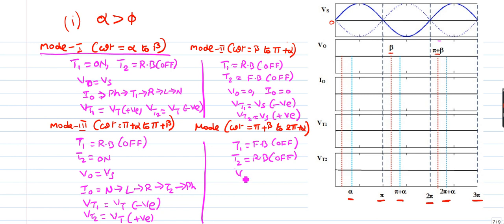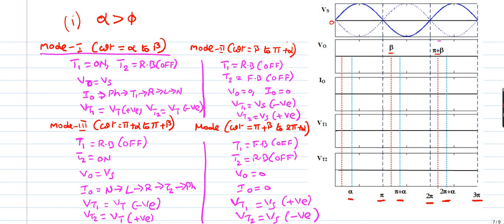Alright, so V0 is equal to 0, I0 is equal to 0, Vt1 is equal to Vs, Vt2 is also Vs. So this will be positive and this will be negative, as it is reverse biased. So we have information of all the four modes, so we can easily fill the waveforms.